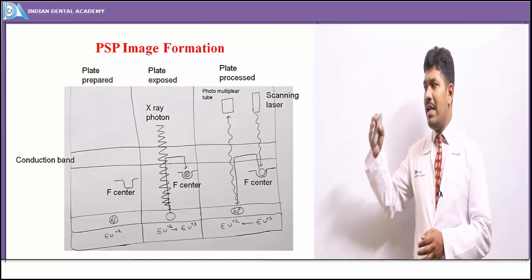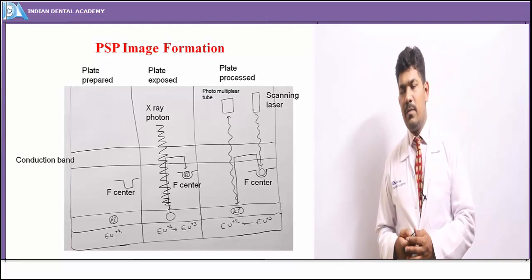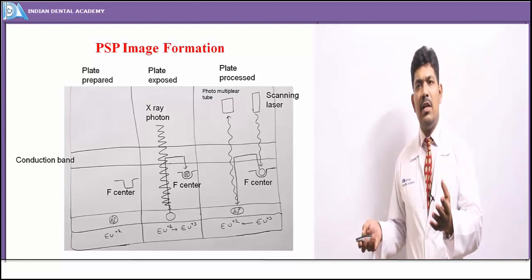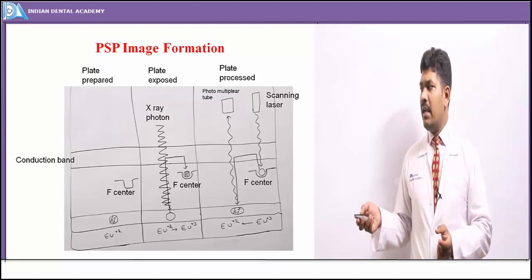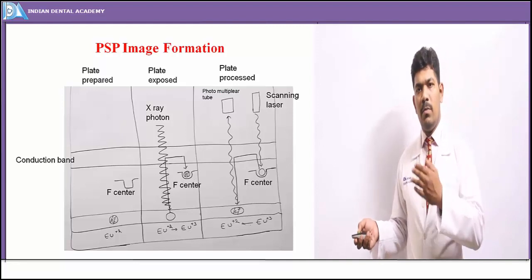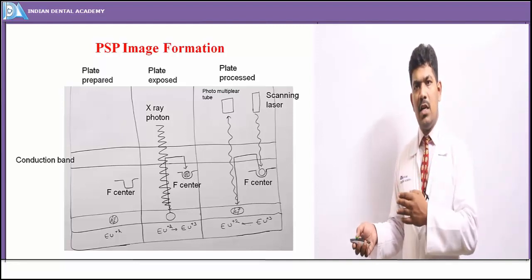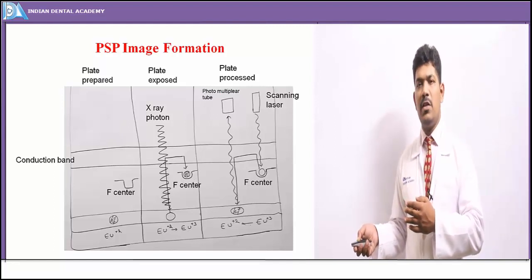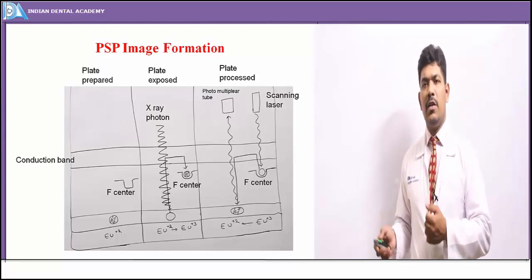When subsequently activated, predominantly a scanning laser is used which emits light of a particular wavelength. It removes these electrons from the epicenter in the conduction band back into europium and converts europium plus 2 plus 3 back to plus 2.